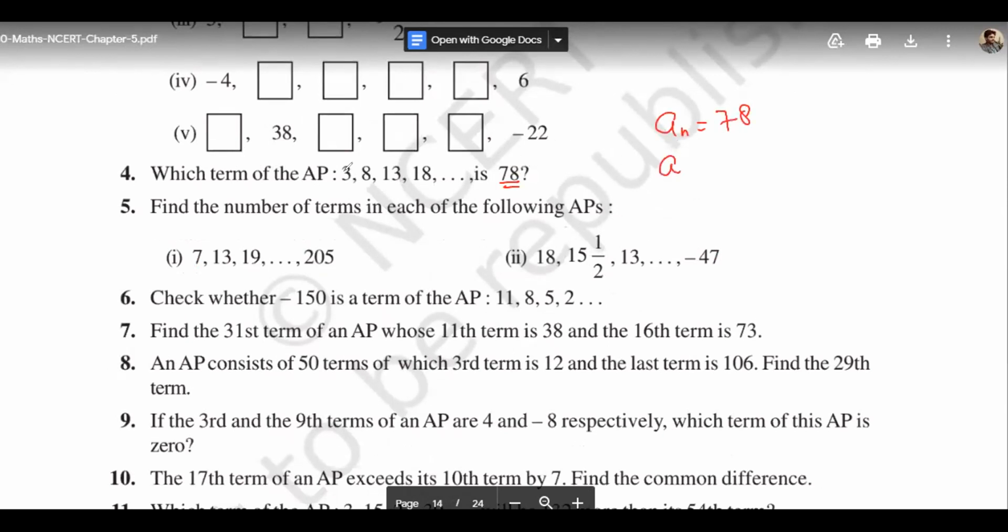The first term is being given to you, that is 3. The common difference you can calculate, that is positive 5, and you need to calculate the value of n. Please, using that formula, an is equal to a plus n minus 1 into d, please calculate the value.